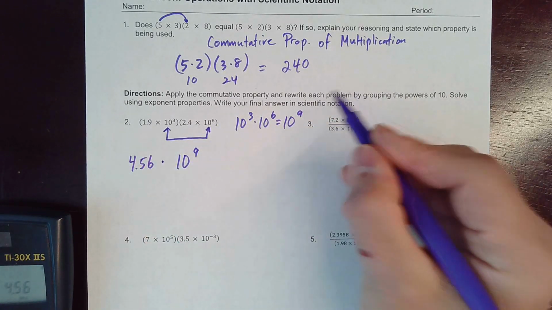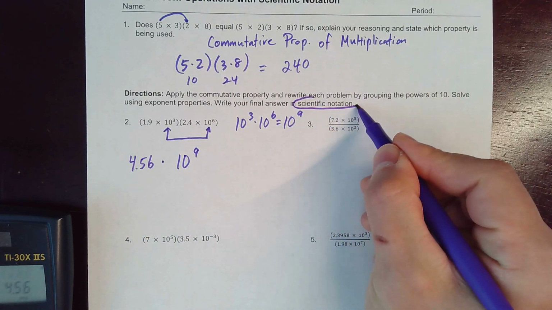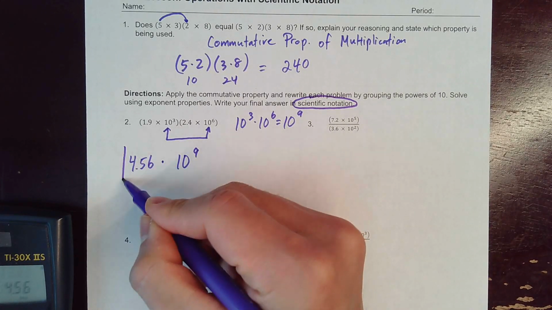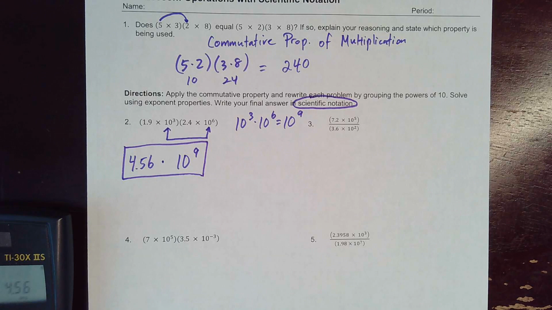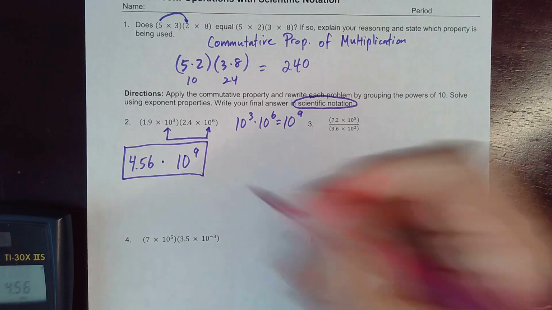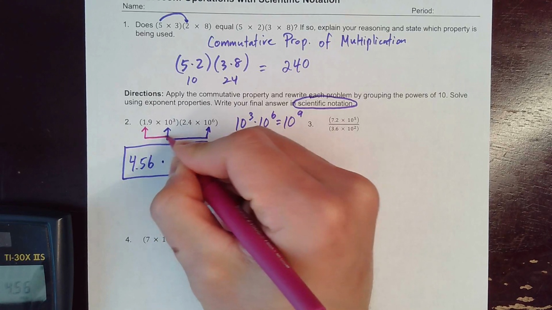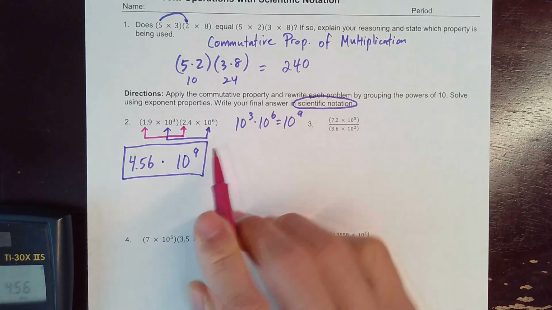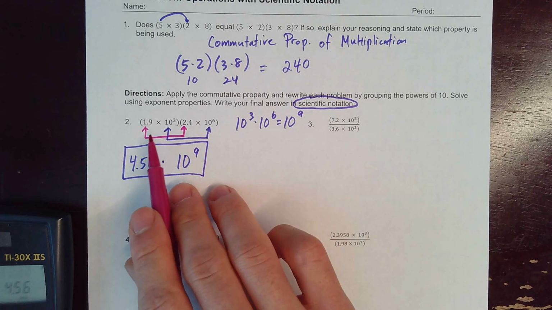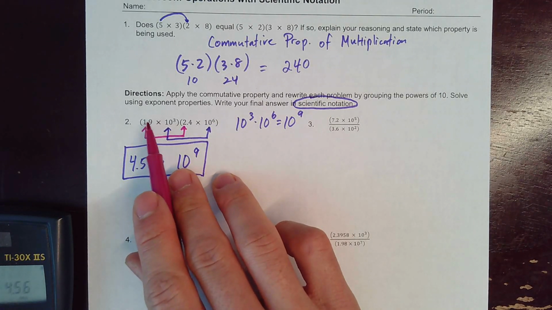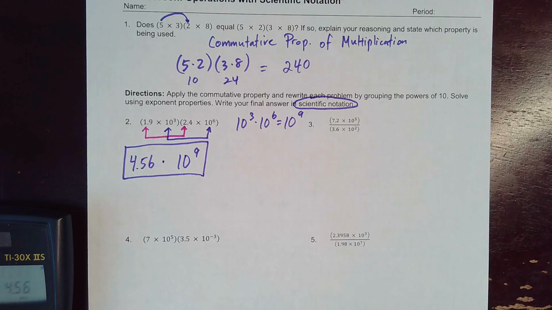And our answer needs to be in scientific notation. And right now, it currently is. And I'm done. That was easy, right? Again, step 1 was to figure out the placeholders, 10 cubed times 10 to the 6. And then step 2 was to figure out 1.9 times 2.4.